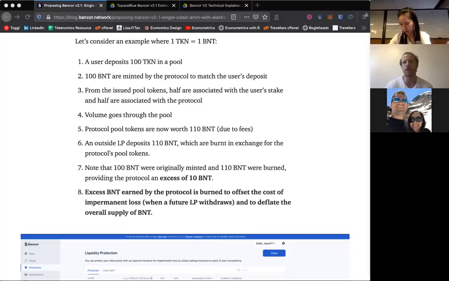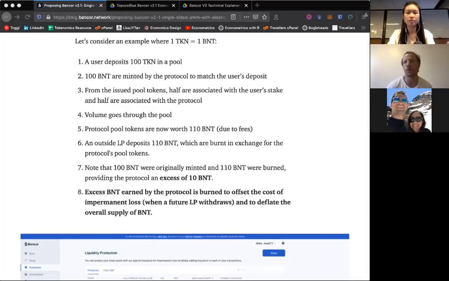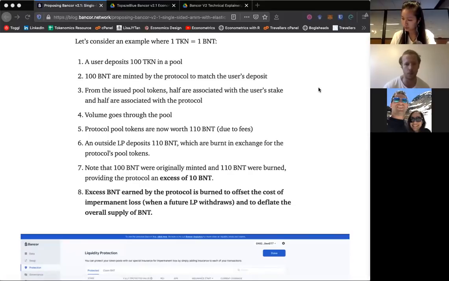The minting of BNT to act as a co-investment, in our studies, and this is noted in the economic report too, doesn't really end up flowing outside of the pools.